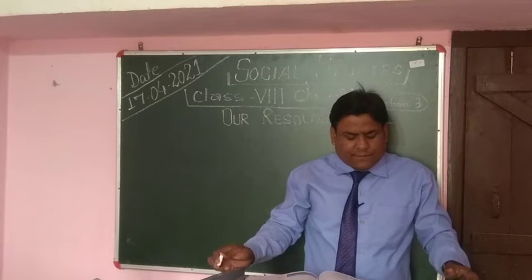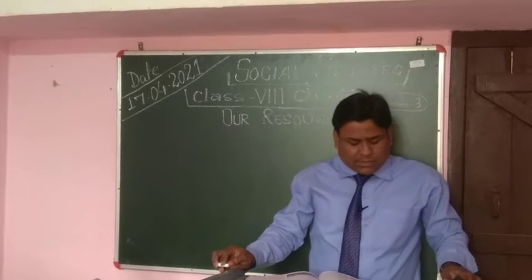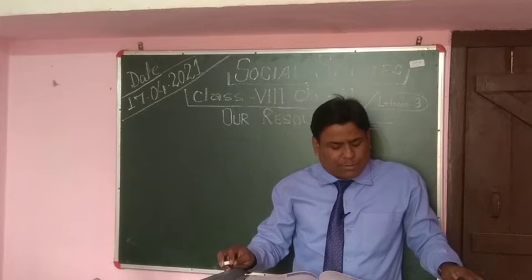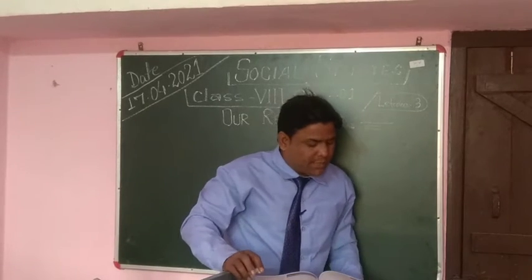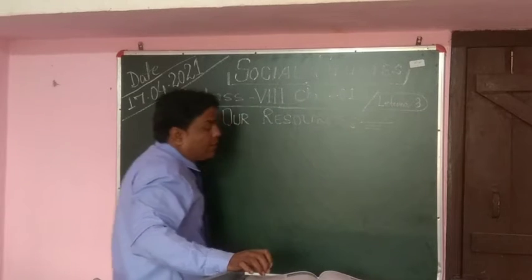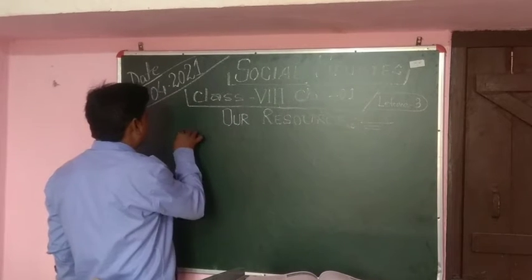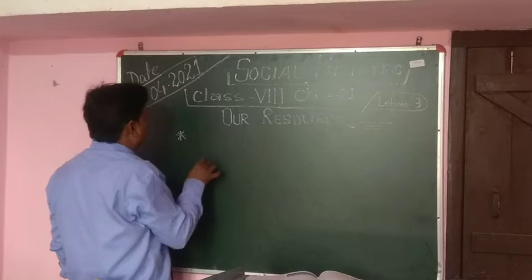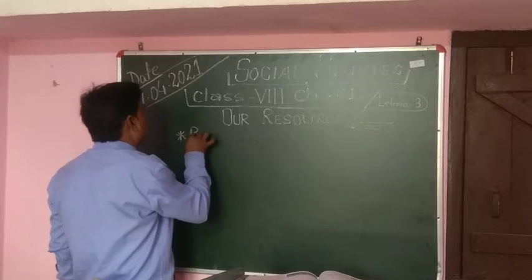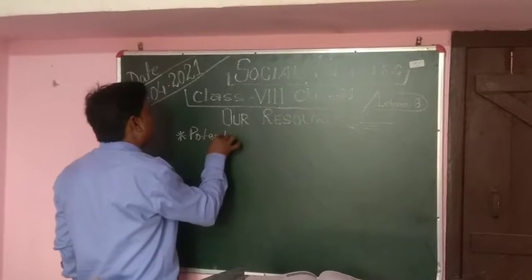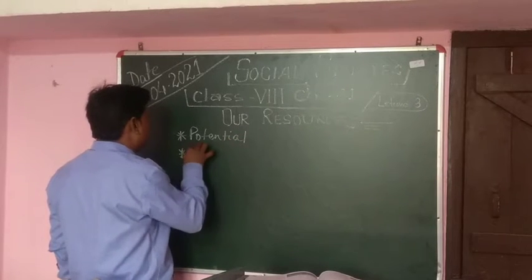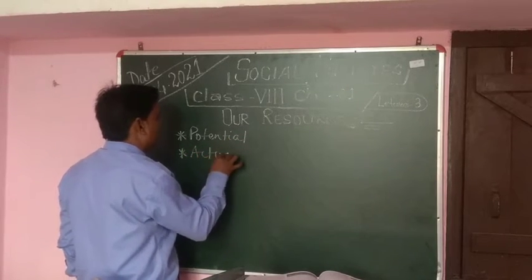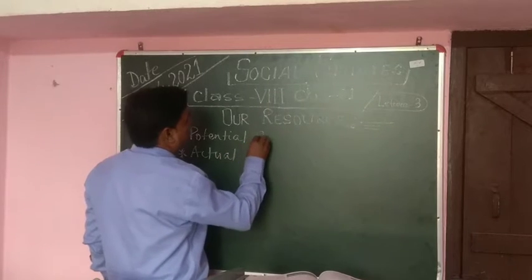On the basis of the stage of development, natural resources can be classified into two categories. They are potential and actual resources.